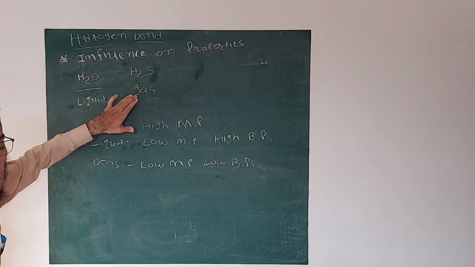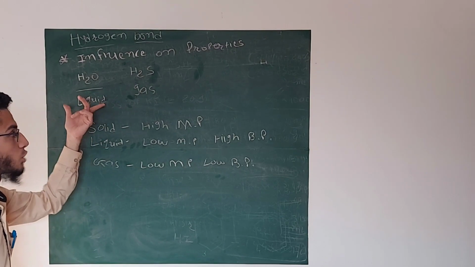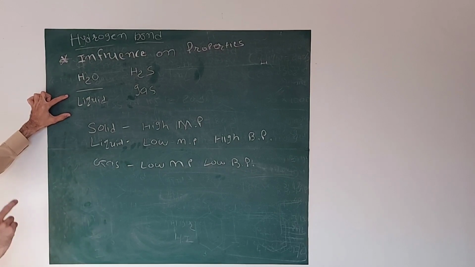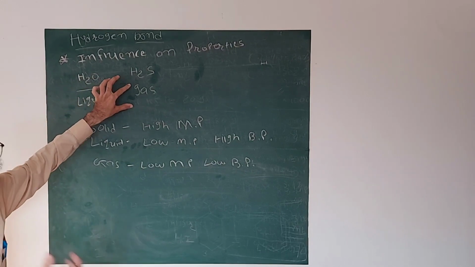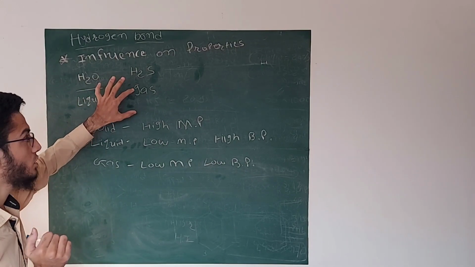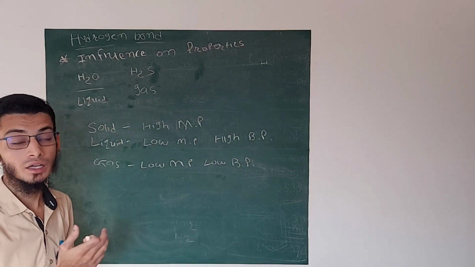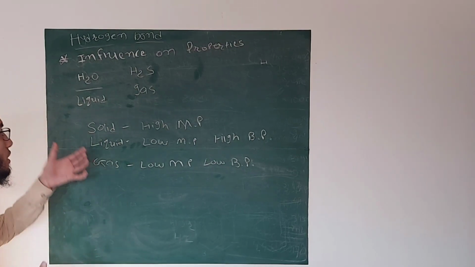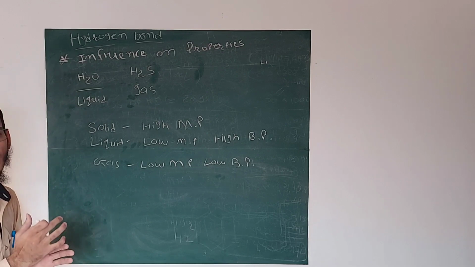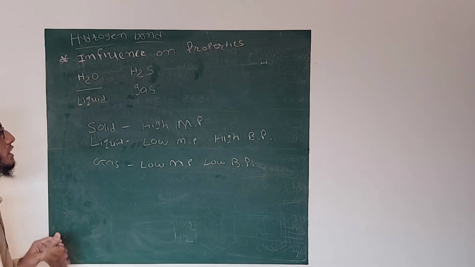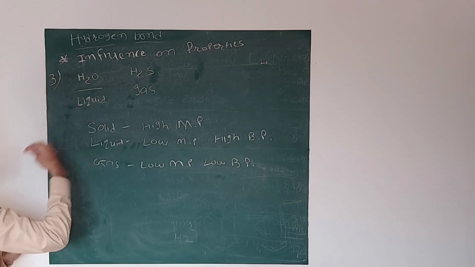So one has a low boiling point and the other a high boiling point. So it acts as a liquid at room temperature and as a gas at room temperature. So there is a difference in state of matter in the same group elements due to the difference in intermolecular force. Okay, so here is the third topic, state of matter.